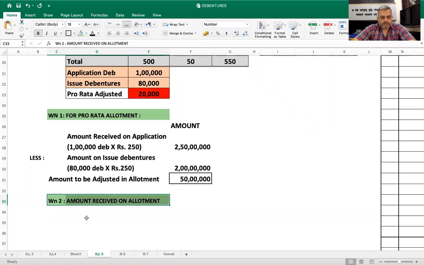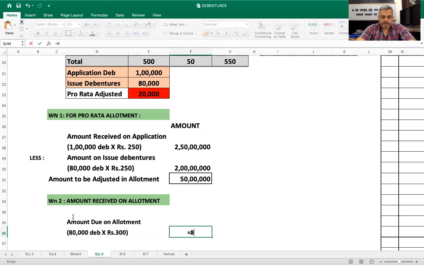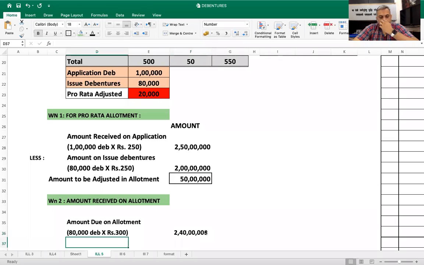So amount due on allotment: 80,000 debentures into rupees 300, 2 crore 40 lakh, less already received, working note 1.